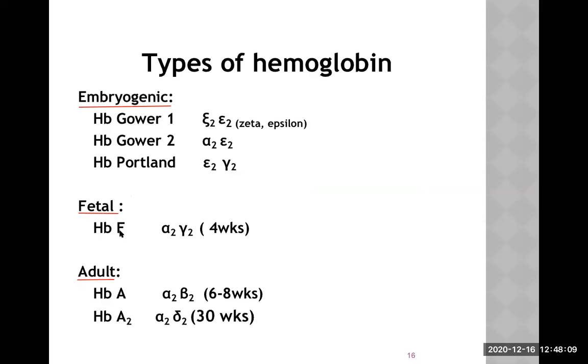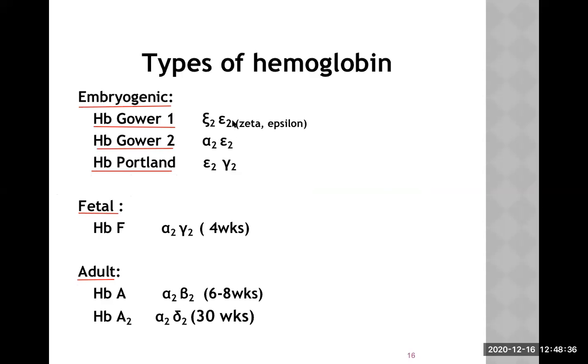Inside the embryogenic life, up to 8 weeks, that is called embryo. From the time of fertilization up to 8 weeks is the embryogenic period. So we have hemoglobin Gower 1, hemoglobin Gower 2, and hemoglobin Portland. These are the different names of the hemoglobin during that time.